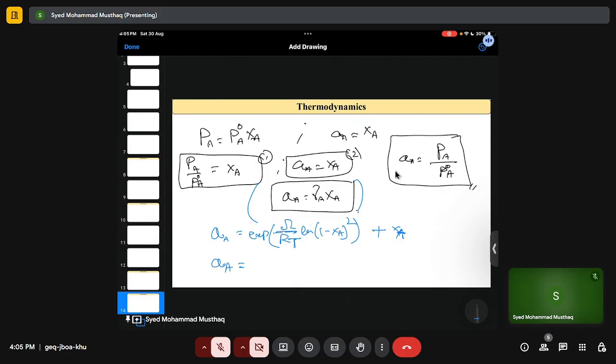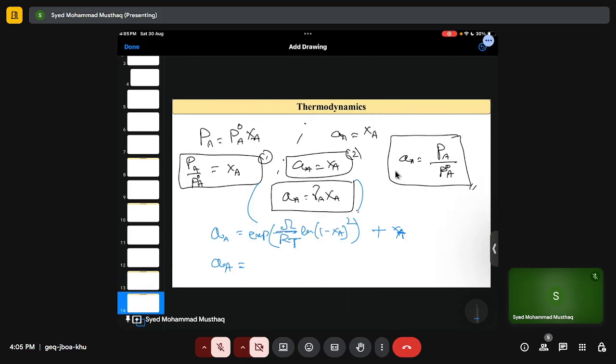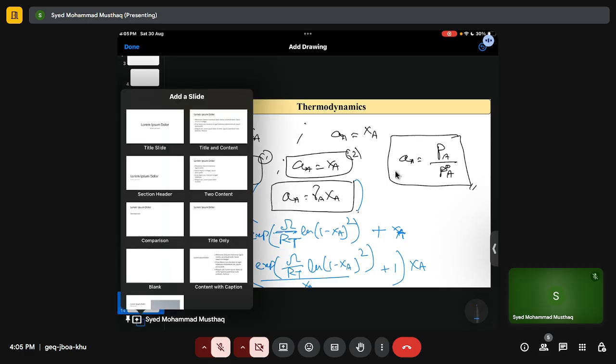I don't need to write it in terms of exponentials. So this will be equal to exponential omega by RT log 1 minus XA square plus 1, times XA.